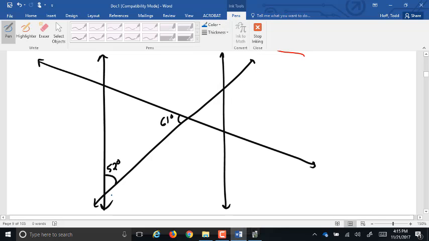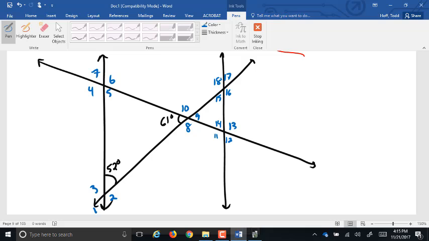I want you in your notes to find 18 angles. So find those 18 missing angles that I have numbered there. I'm going to give you a few minutes to do that.